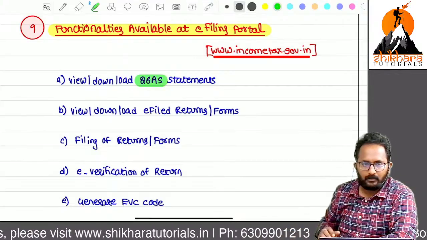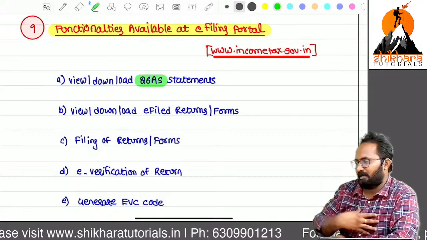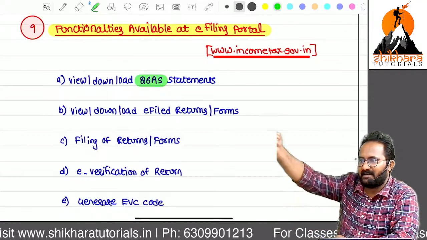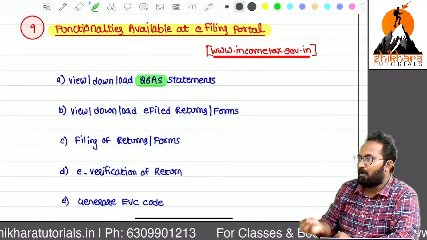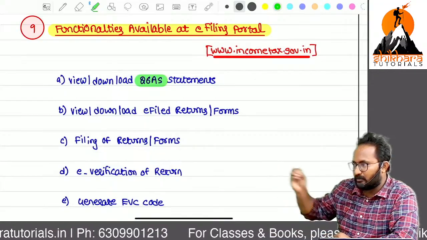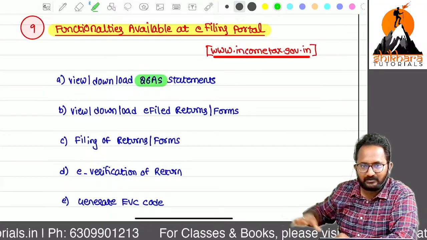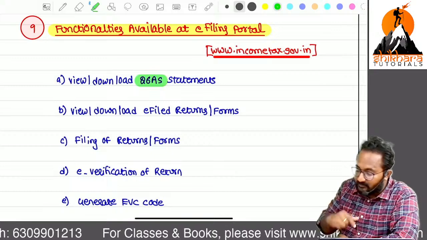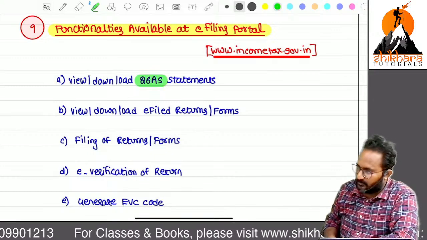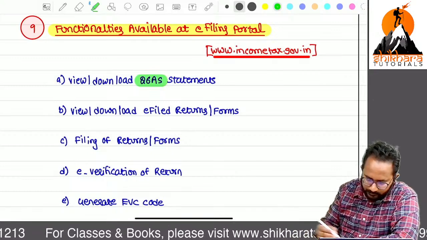For example, if I am a salaried employee, every month the company deducts 10,000 from my salary. Every month how much amount is deducted, and the total amount deducted during the previous year, all these details you will get in the 26AS statement. That you can download from which website? The e-filing website.